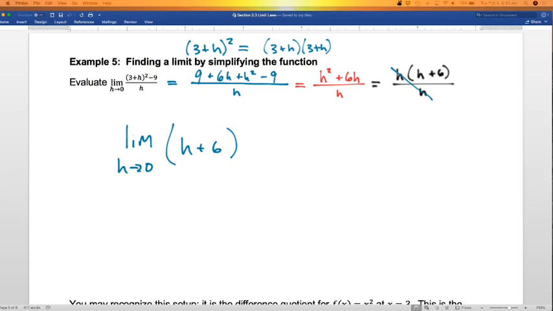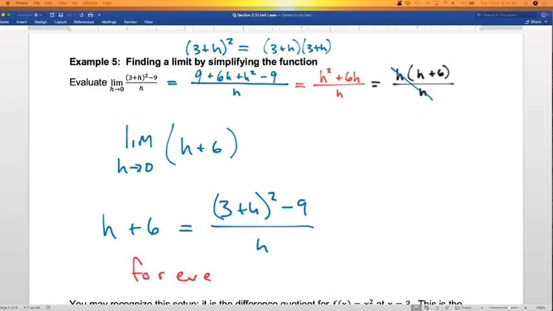h plus 6 is equal to 3 plus h squared minus 9 over h for every h value except 0. Those two functions are equivalent at every point except for when h equals 0.